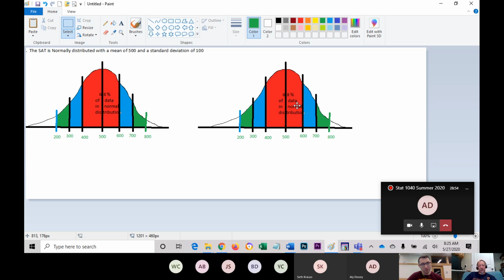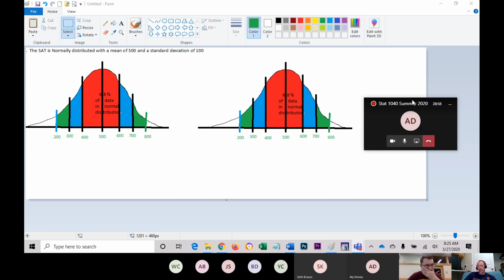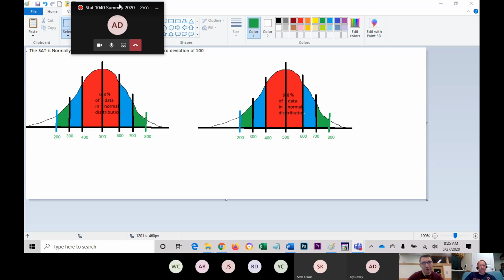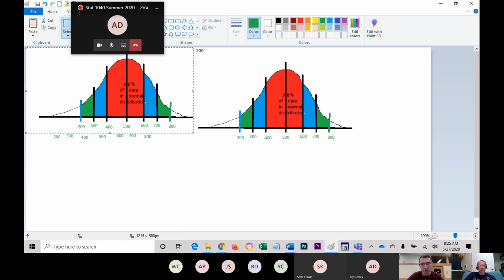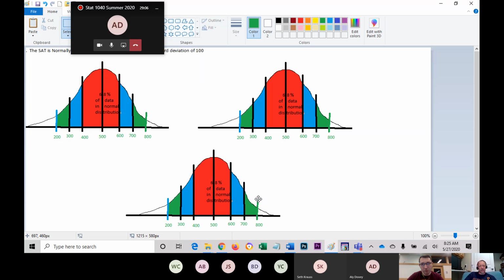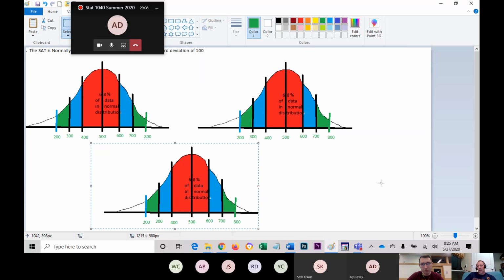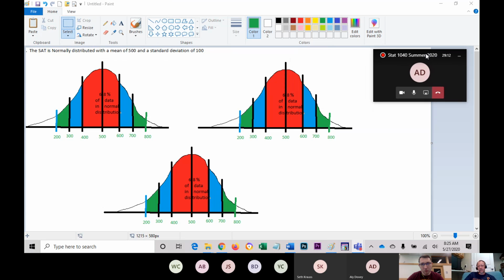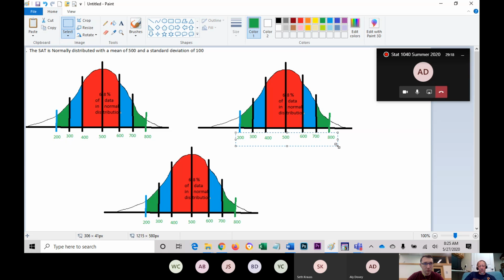In fact, I might make another one. Okay, this time I'm going to erase the scales. I should have done that, but I didn't.